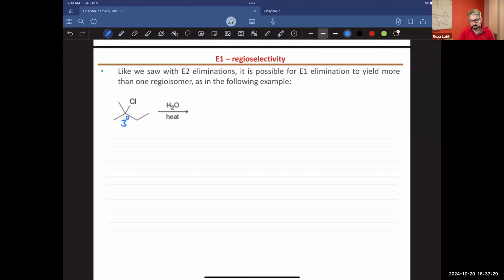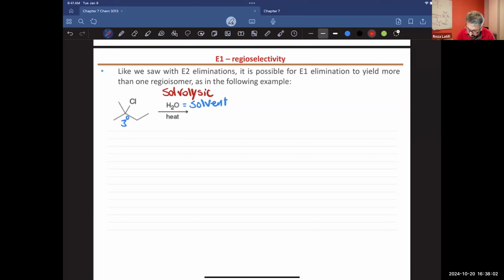We have water as the solvent, so technically we are talking about solvolysis. That means the halide will be taken from the system with help of the solvent. And we are using heat to speed up the reaction. For your knowledge, heat will push the reaction toward elimination. Every time you see heat, there is a higher chance to get the elimination product.